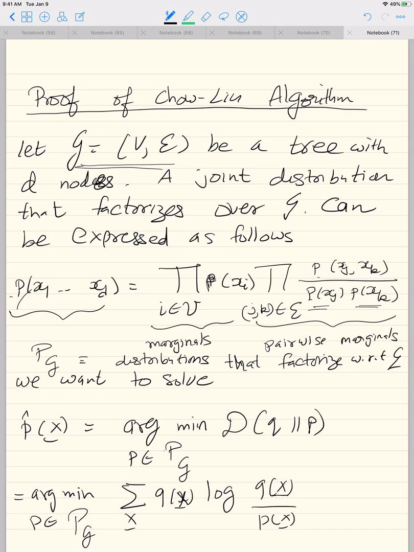So what we will do is we'll let Pg be the set of all distributions that factorize with respect to G. And for now, we will fix G and solve this problem. We want to find the distribution that factorizes with respect to G and that is closest with respect to Q. That will give us an objective.